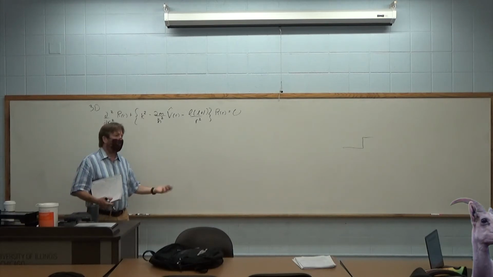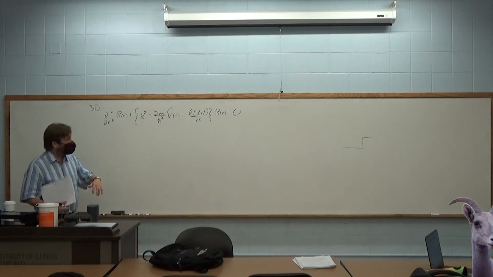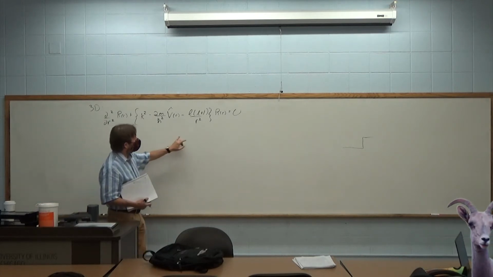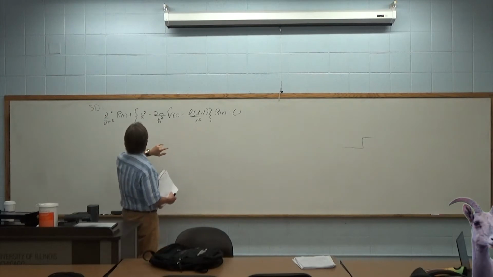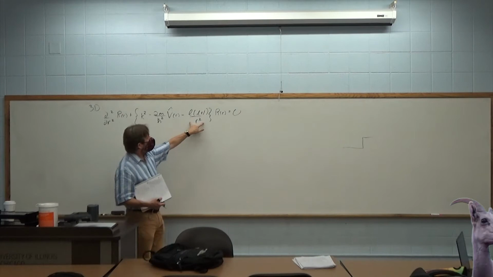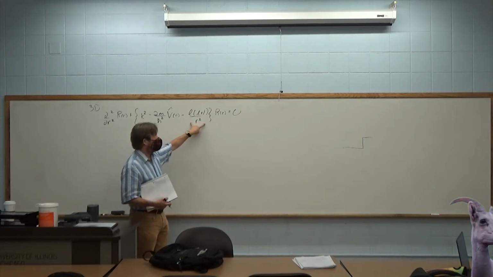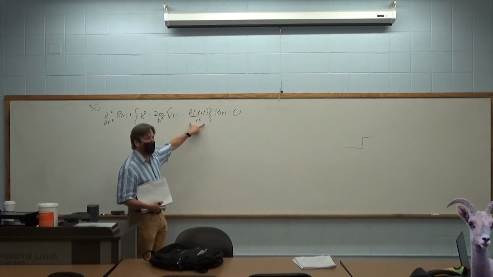It doesn't work well. It looks crazy, regardless. You separate it, the radial part captures the energy. The angular part does manifest, unless you're in an S state, in which case this is 0.